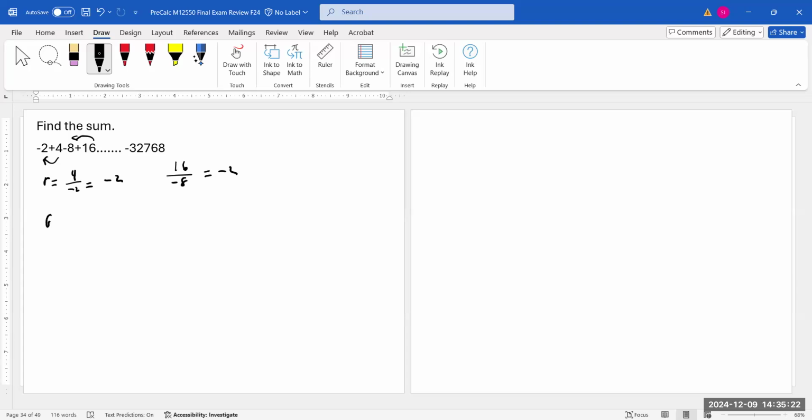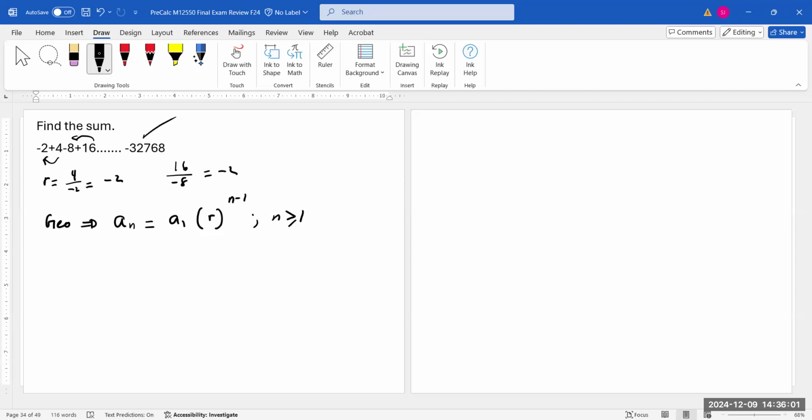That means we can find a formula. The geometric sequence has a format: the first term times the ratio to the n-1, when n starts from 1. With this formula, we know which term would be the last term.